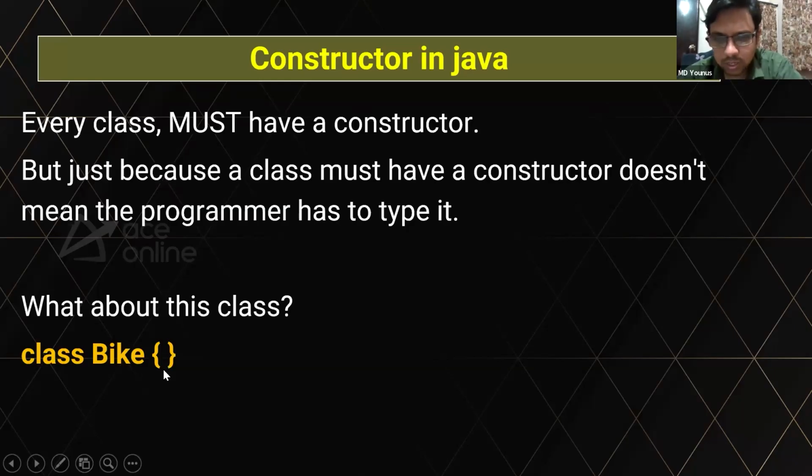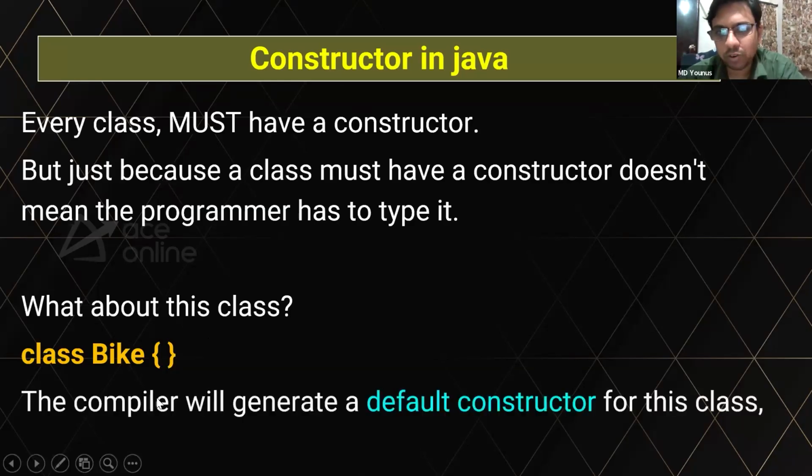Does this class have a constructor? Yes, it has a constructor, even though physically it is not present. It doesn't look physically here. But logically, the compiler will generate a default constructor, and that's what we are talking about, right?